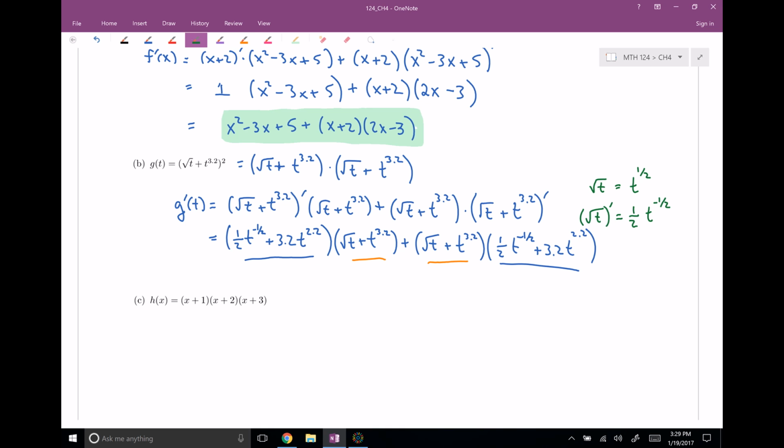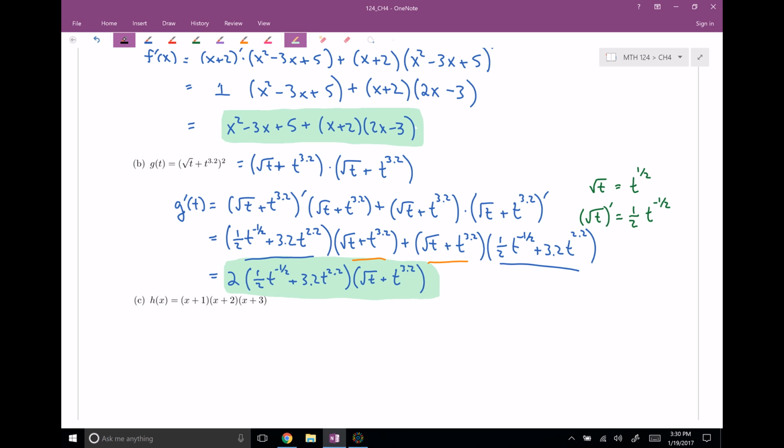Since we're adding them together, there's really two of them. So 2, and then I would write this 1/2 t to the negative 1/2 plus 3/2 t to the 1/2 times root t plus t to the 3/2. And that is how I would leave my final answer, right there.